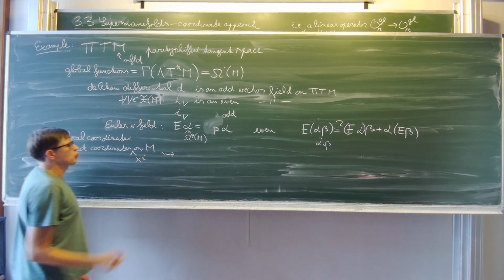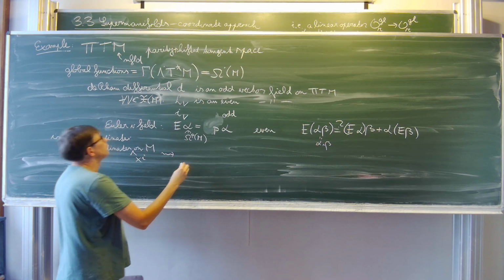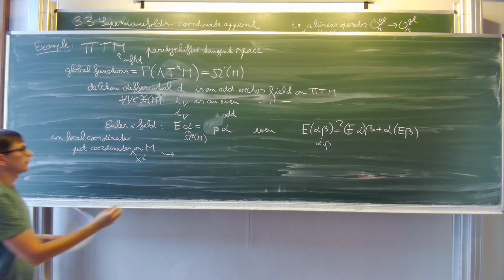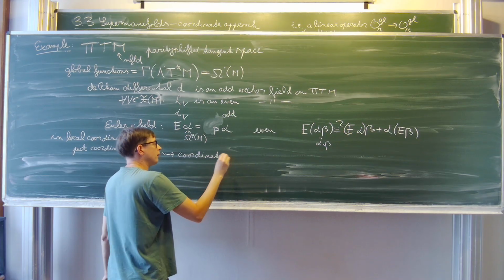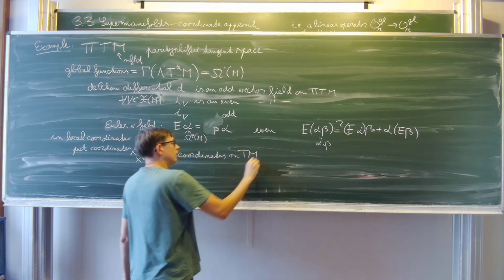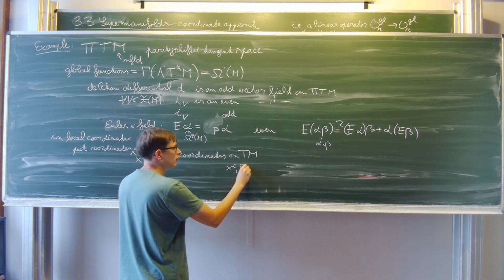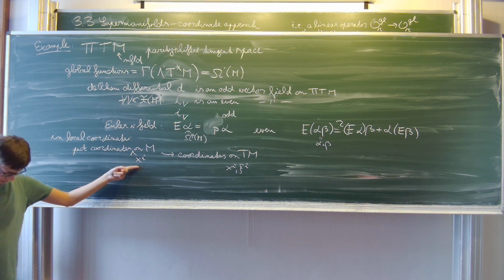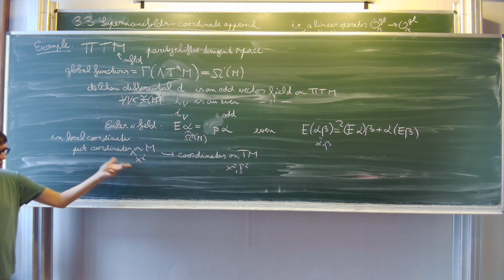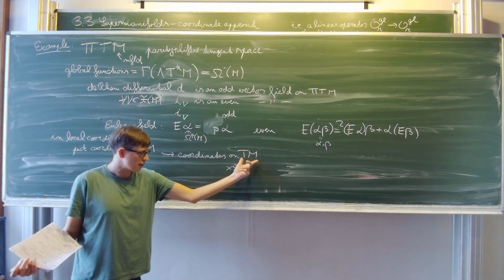These will naturally induce coordinates on the tangent bundle. These coordinates will be x and something, let's call it xi. So if you specify coordinates, then you also have natural coordinates there, which correspond to the coefficients of partials. So naturally you have a coordinate system here.